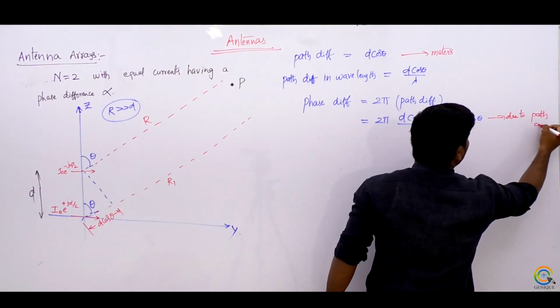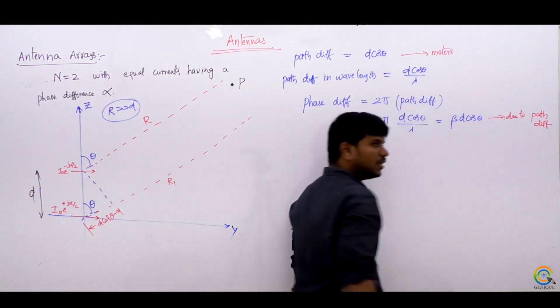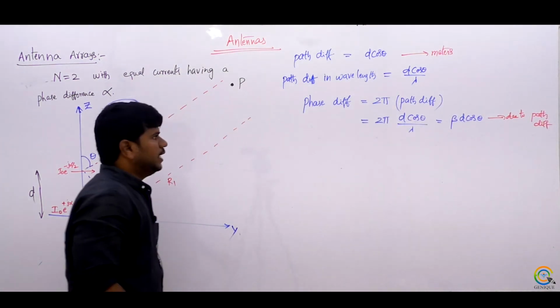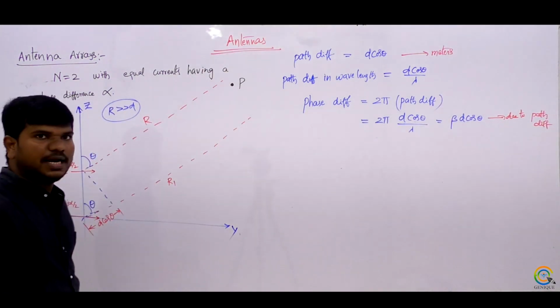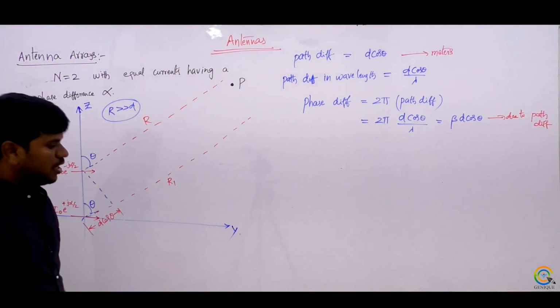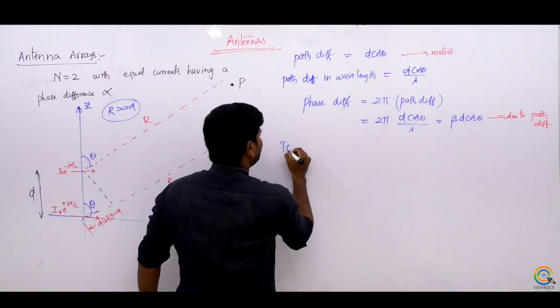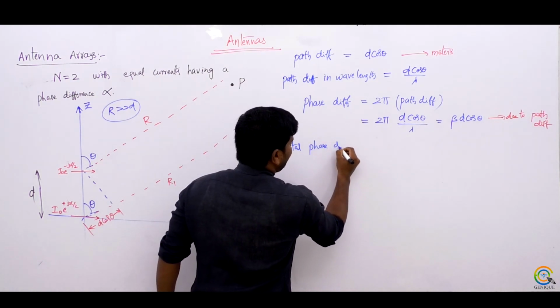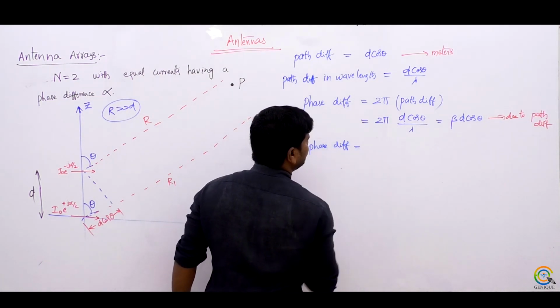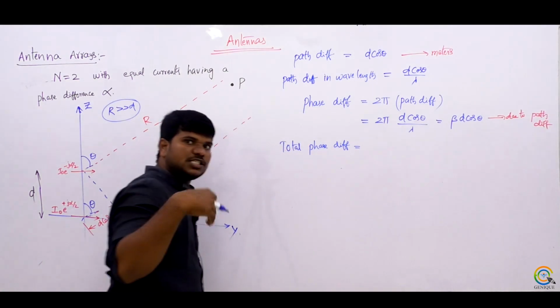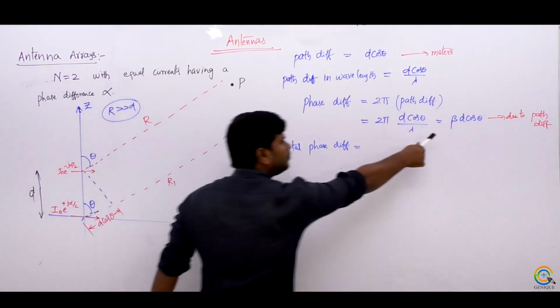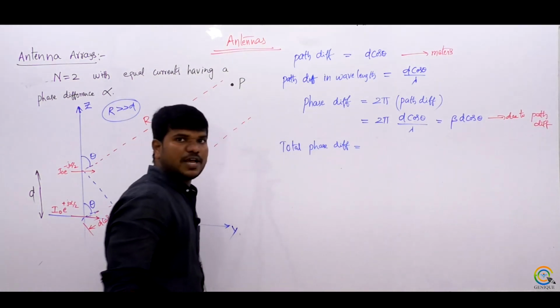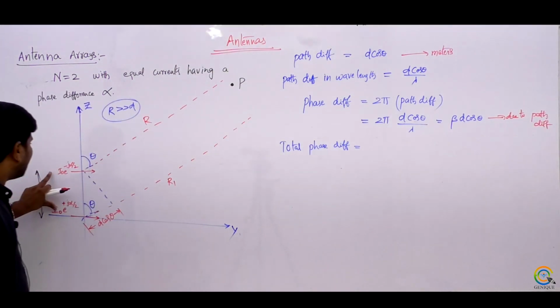Due to the path difference in the field produced at the faraway point. Now what is the total phase difference? The total phase difference is equal to the phase difference produced by the path difference and the phase difference produced by the current also.